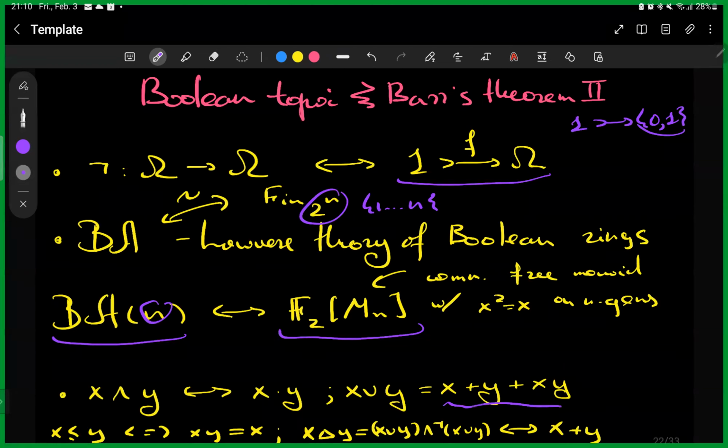The order relation corresponds to the fact that the product of x and y is equal to x, and the sum. So the sum here corresponds to the symmetric difference of two elements, which is just the disjunction of two elements and the negation of this disjunction. That's right.